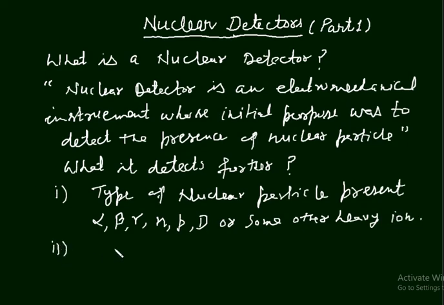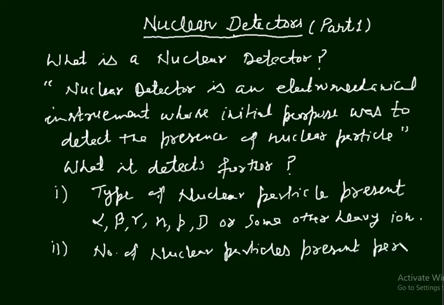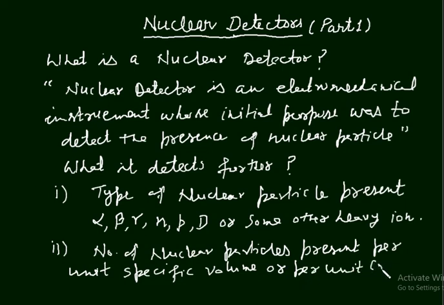The second parameter it detects is the number of nuclear particles present per unit specific volume or per unit cross-sectional area.